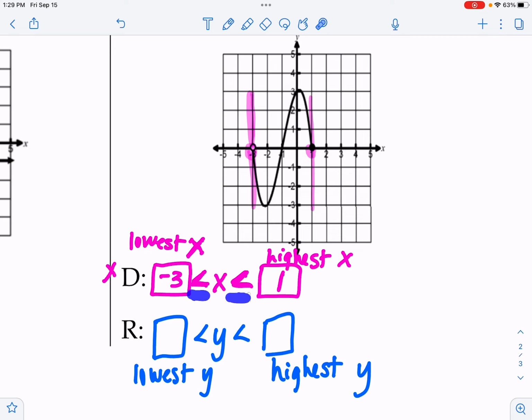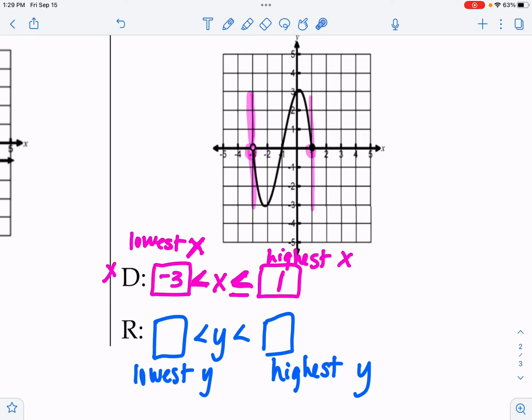Okay, and then the last thing you have to ask yourself is, do either of these inequalities need a line? And so if they take the time to fill in the circle, you're going to put a line. You're going to take the time to draw the line. At the -3, they did not take the time to fill in the circle, so we're not going to take the time to draw the line.